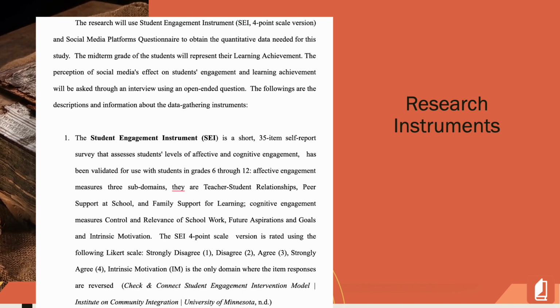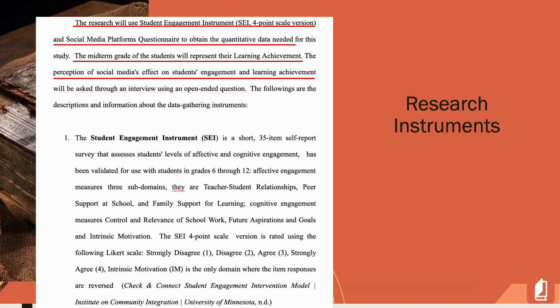In this example research proposal, the researcher explains that she will be using two instruments to obtain the quantitative data needed. Then the grade of the students will represent the learning achievement. Then for the qualitative part, open-ended questions will be used.